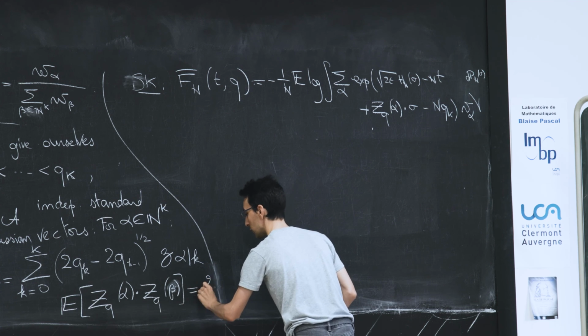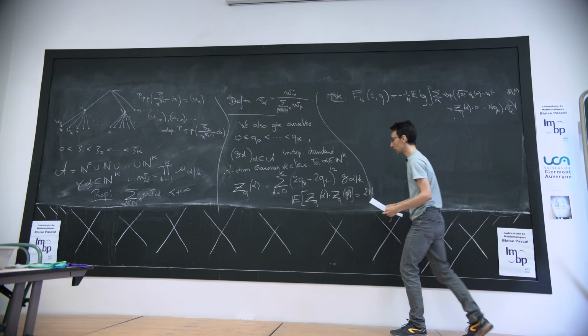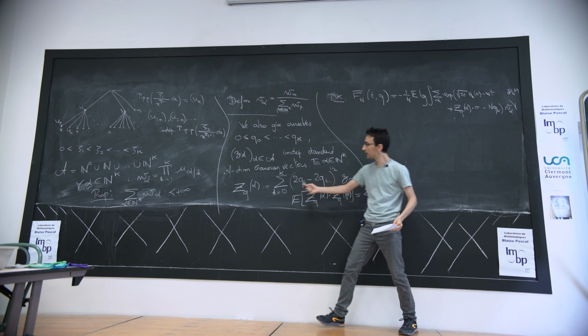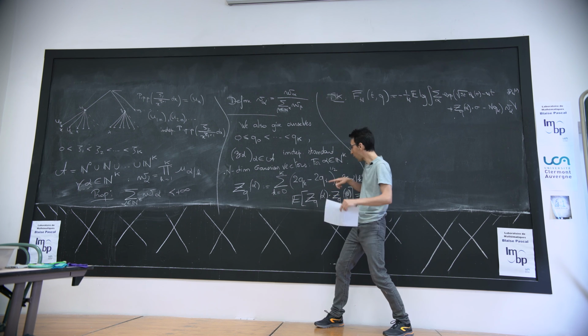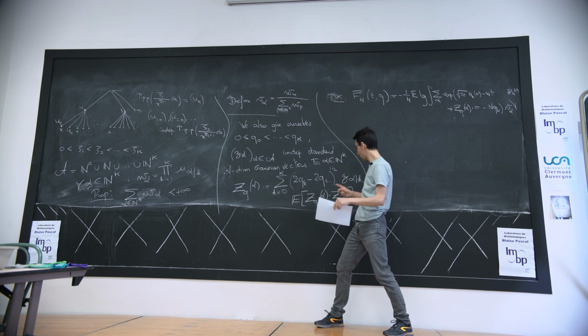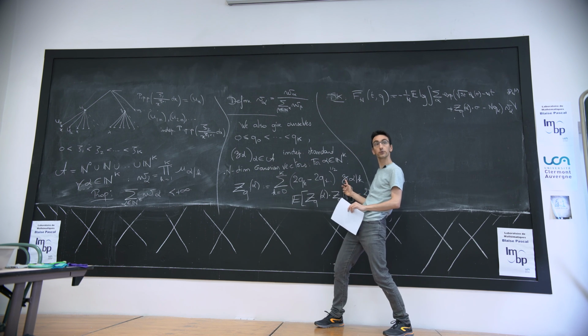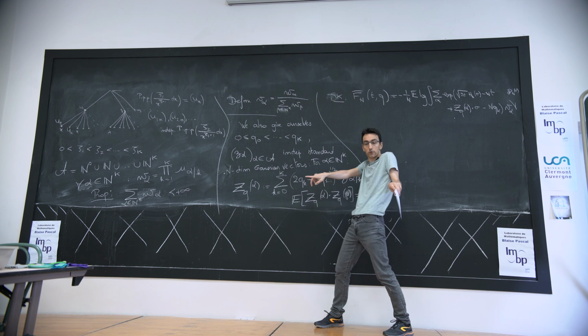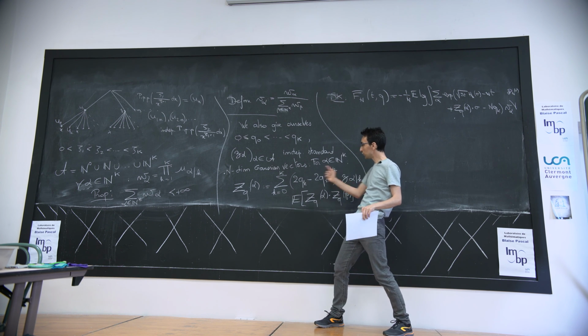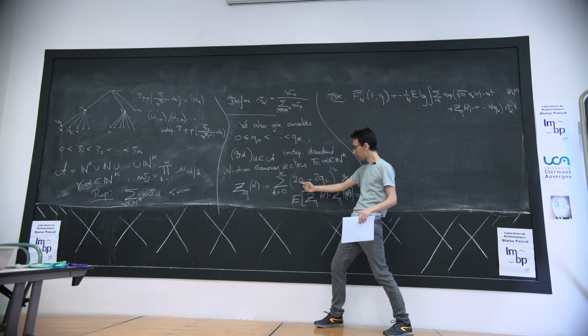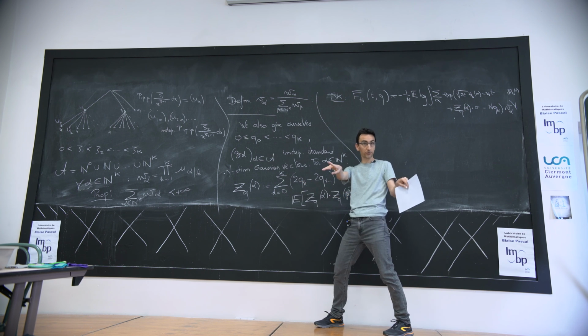What occurs when you take two leaves of the tree and you take the covariance between this guy at alpha and this guy at beta? Well, for a while, you will follow the same path on your tree, and so you will get the same Gaussian here. And then at some point, the path will diverge, and then you will see independent Gaussians. So you're going to pick up the variance up until the moment when the paths diverge.